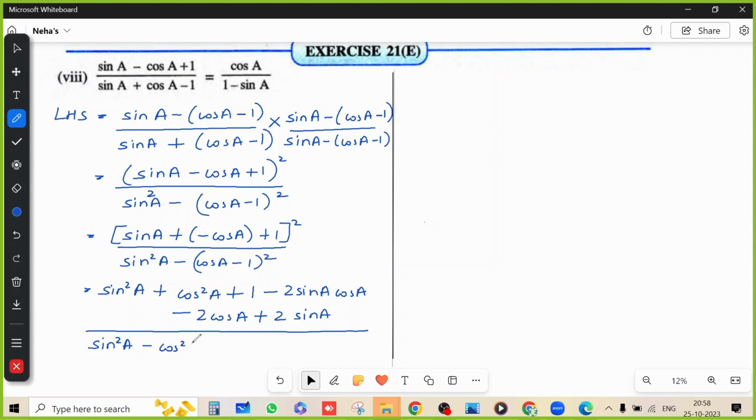So this will become minus cos square A minus 1 plus 2 cos A.